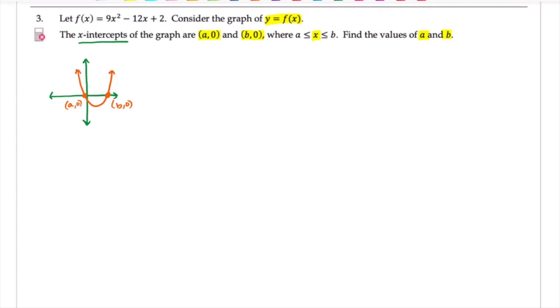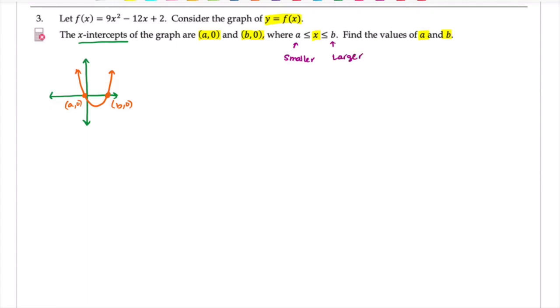The x-intercepts are the solutions, or also the roots of your function. So the easiest way to do this is for us to use, whether we factor, complete the square or quadratic formula, to go ahead and find these points. Now, A, you must know, is the smaller value, and B is going to be my larger value.